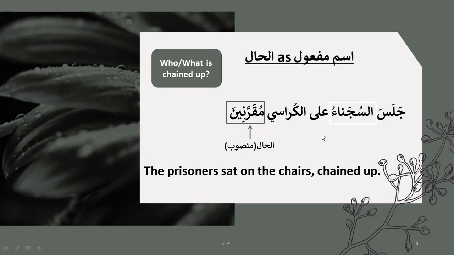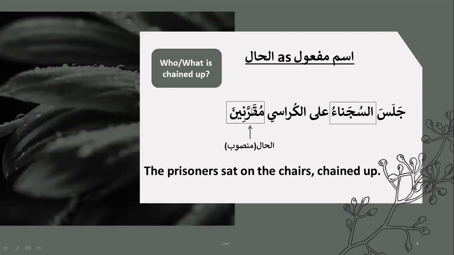You can also see, and also by the way, had kurasi been the sahibul hal, this would have been 1F. Mukarranina would have been mukarratan, because non-human plurals are 1F.